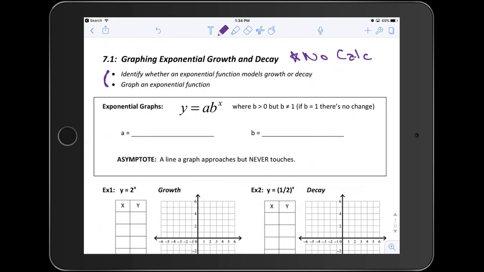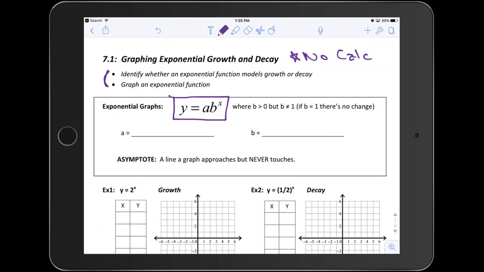Just like we tend to do with all functions, including what we just got done doing, the sine and cosine or sinusoidal graphs, we like to talk about the general form. Here is the general form of an exponential graph, where A is the initial value, B is the growth or decay factor, X is the amount of time that passes, and Y is your end result, or how much you have in your account or the worth of your vehicle.